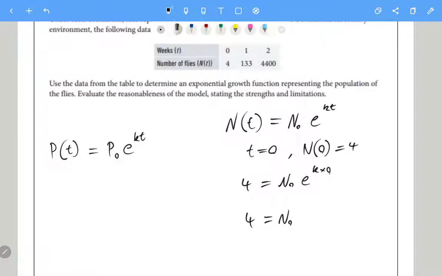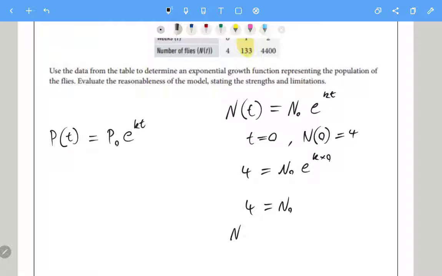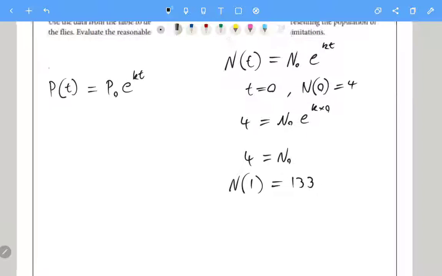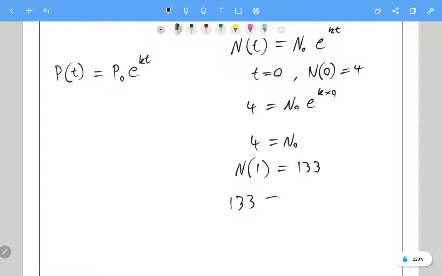So the second piece of data here says that when t equals 1, n of 1 equals, oh, not 4, 133. Alrighty, so 133 on the left is equal to 4 times e to the k times 1. K times 1 is just k. If we divide both sides by 4, we get 133 over 4 is equal to e to the k.